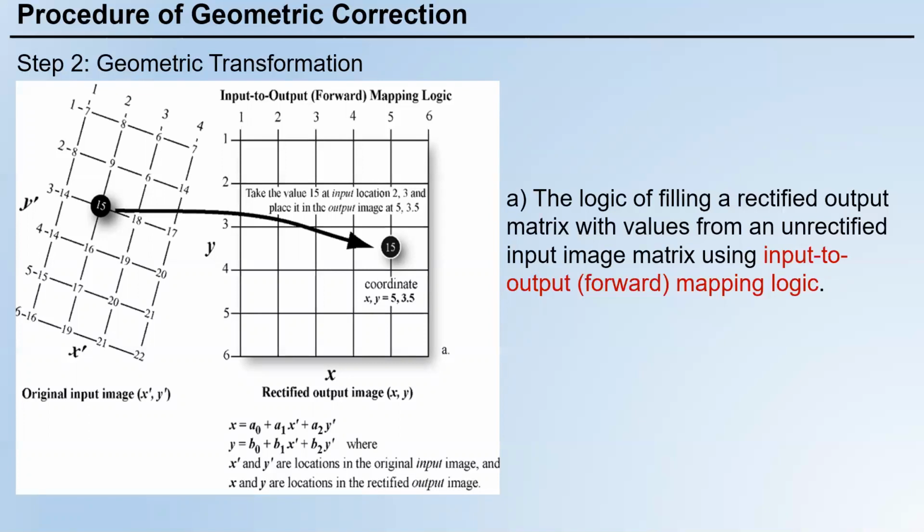Okay, and each value has a specific row number and a specific column number. So a remote sensing image is formed by what? It is formed by a bunch of pixels, and each pixel has a specific value, right?